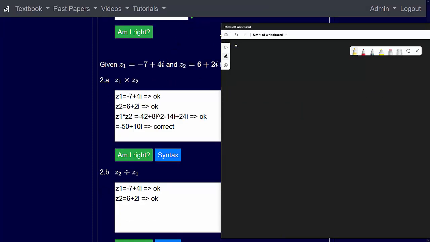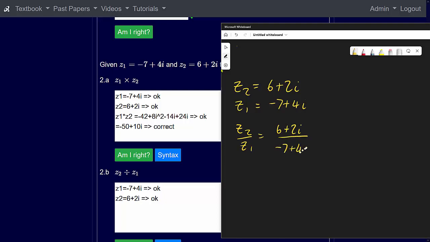So we've got z2 is equal to 6 plus 2i, and z1 is equal to minus 7 plus 4i. Okay, so z2 divided by z1 is equal to 6 plus 2i divided by minus 7 plus 4i.